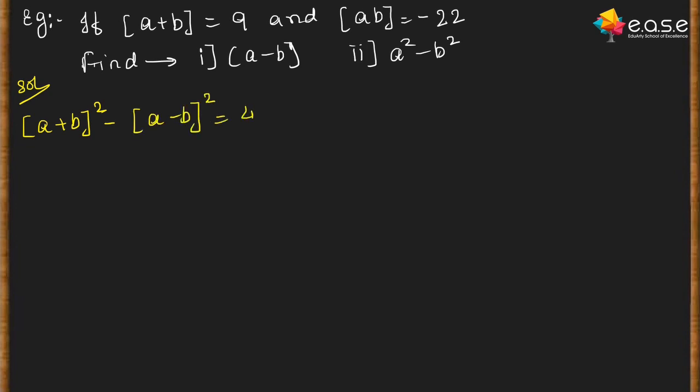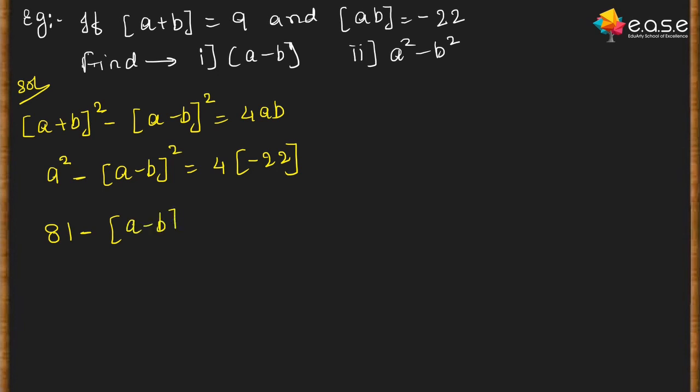So we have the value of a plus b, so I can write down 9 square minus a minus b the whole square is equal to 4 into bracket minus 22. Correct? Because we have those values. This will give you 81 minus a minus b the whole square equals minus 88.